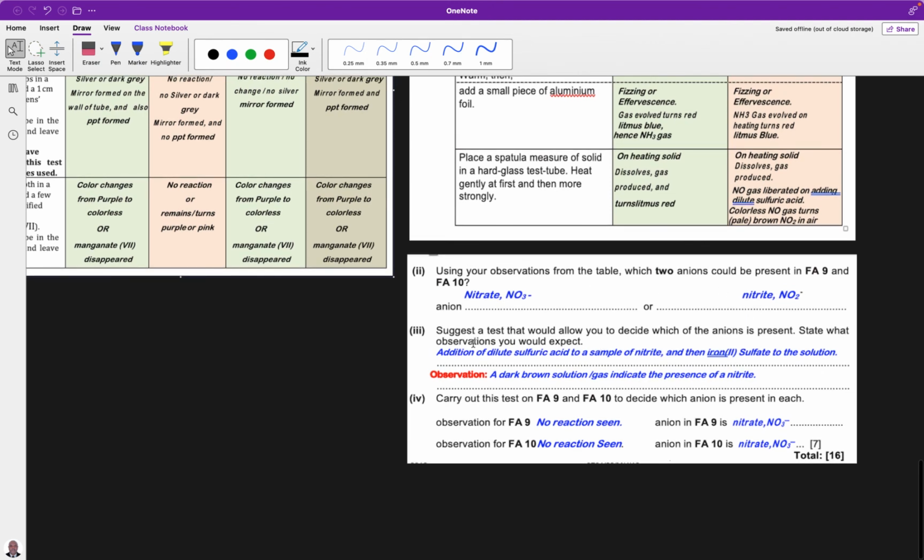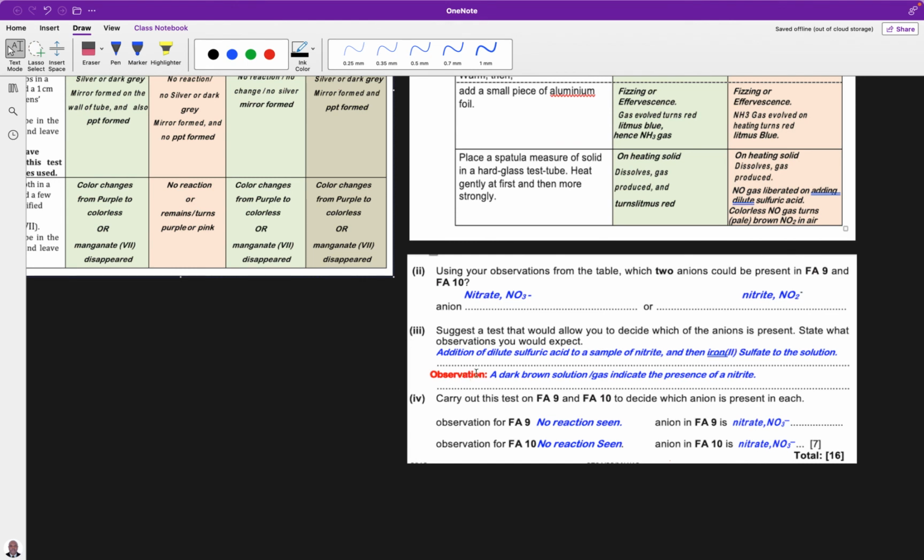Question 2: Suggest a test that will allow you to decide which of the anions is present. It is a test to differentiate between the nitrate and the nitrite. State your observation. In the lab, I added dilute sulfuric acid to a sample of the nitrite, and then I also added iron(II) sulfate solution.